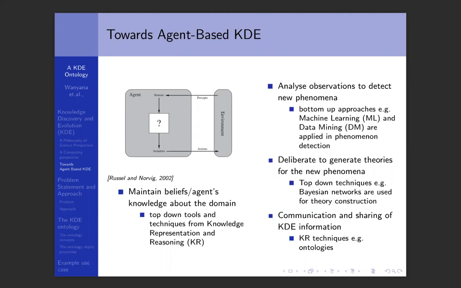It should be able to analyze observations, to detect new phenomena using bottom-up techniques. It should also be able to deliberate, to generate explanatory theories for the encountered phenomena and share KDE information, again, by applying KR techniques like Bayesian networks and ontologies, respectively.